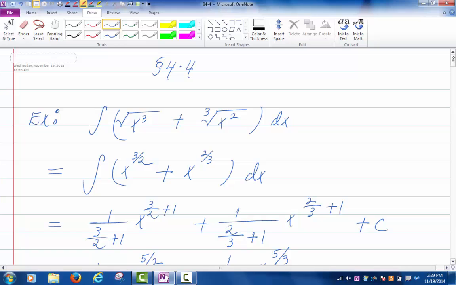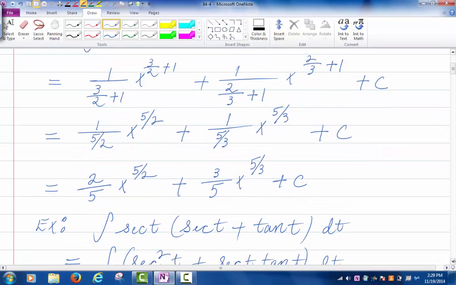So I get 1 over 3/2 plus 1, x to the 3/2 plus 1, 1 over 2/3 plus 1, x to the 2/3 plus 1, and then I just simplify them. 3/2 plus a 1 would be a 5/2, and 2/3 plus a 1 would be a 5/3, and then you can write them as 2/5 x to the 5/2, 3/5 x to the 5/3 plus c.